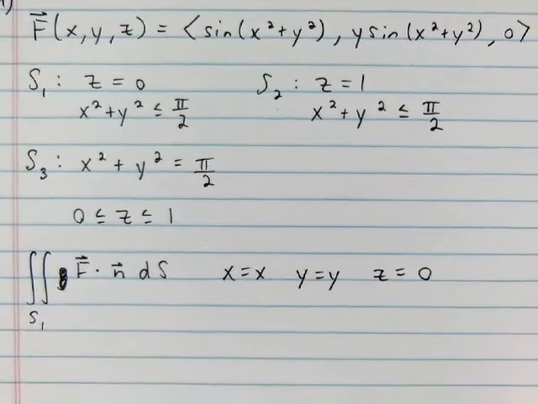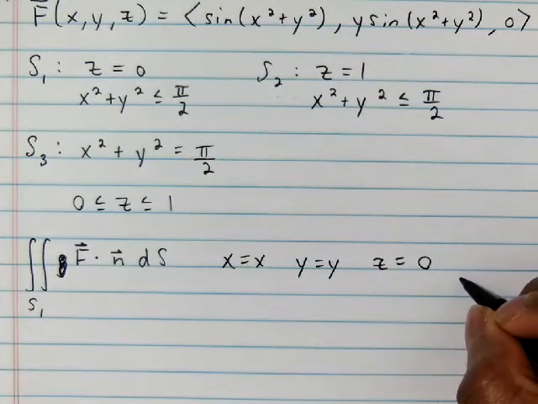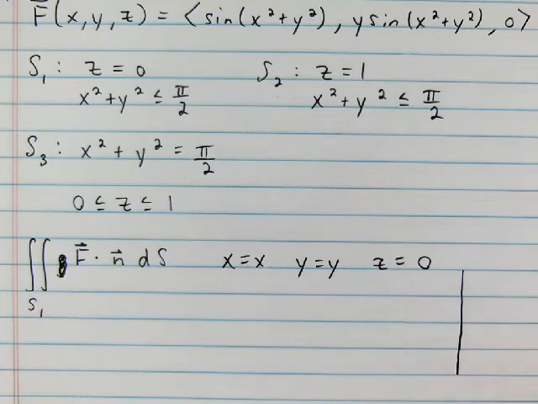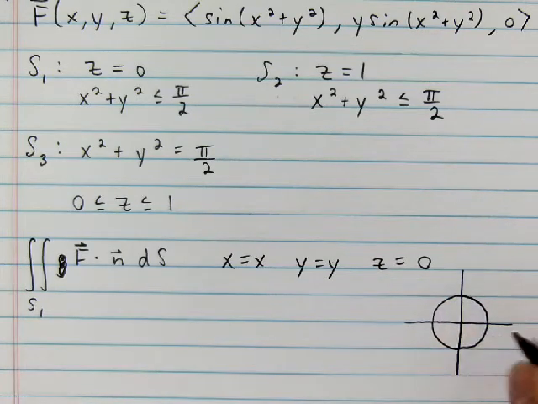We'll sketch that region since we know we're going to end up evaluating a double integral. So we'll just do a little rough sketch of that region. This is a circle centered at the origin with a radius square root of pi over 2.